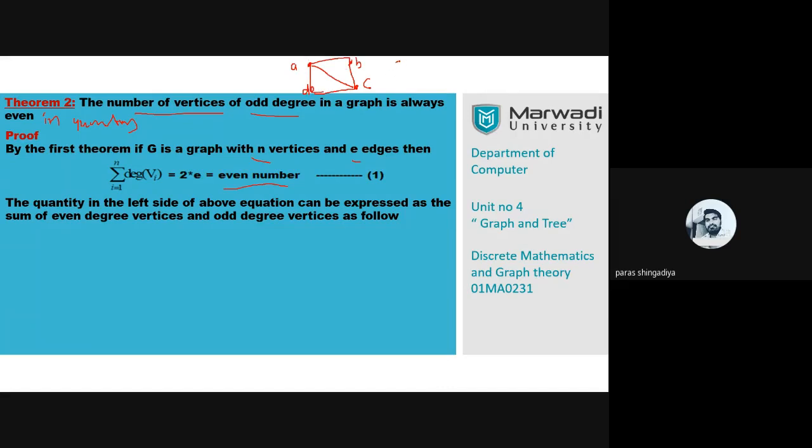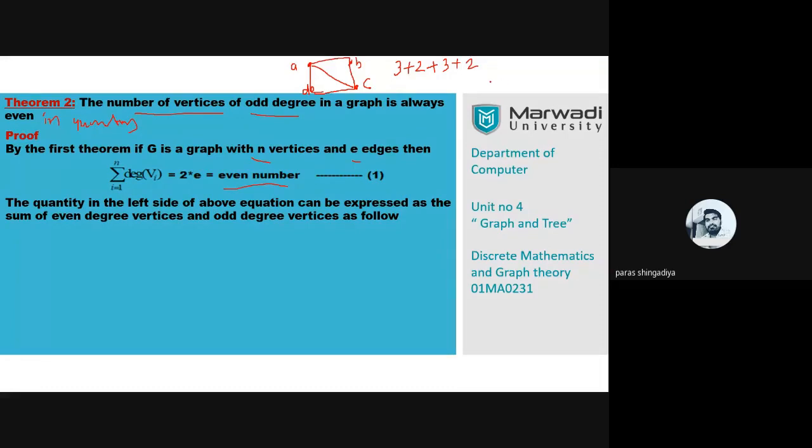So degree of A is 3, plus degree of B is 2, plus degree of C is 3, and plus degree of D is 2. So it is 3 plus 2 plus 3 plus 2. That is the sum of degree of vi from 1 to n.